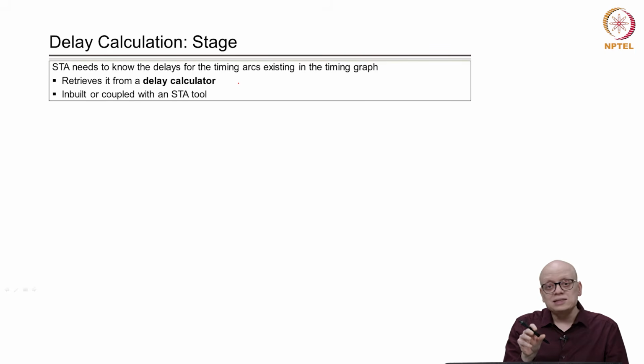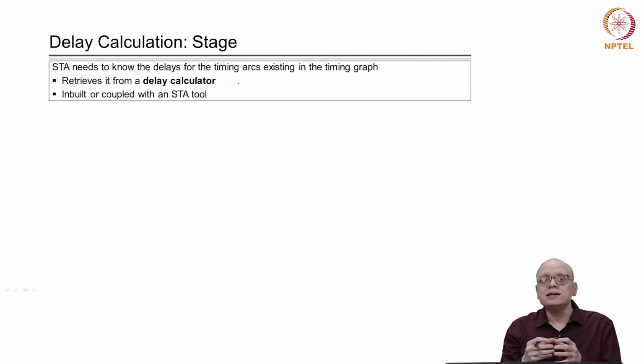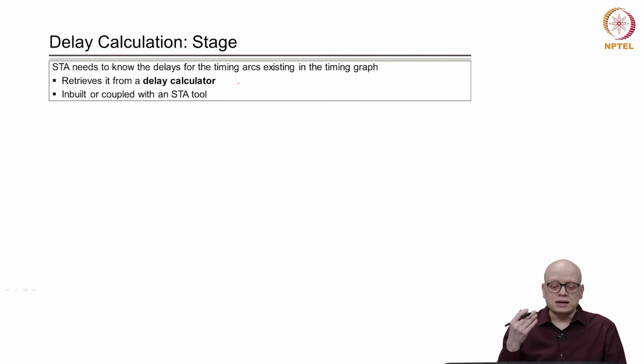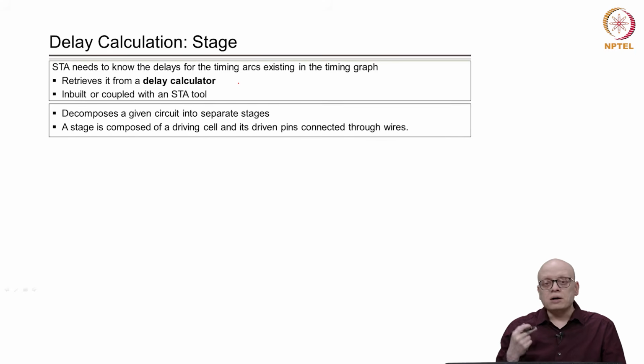Either this delay calculator will be built inside the STA tool, or it can be loosely coupled, and the STA tool will retrieve the information from the delay calculator as and when required. Now, let us understand a little more deeply how delay calculation for a circuit or timing graph is done.